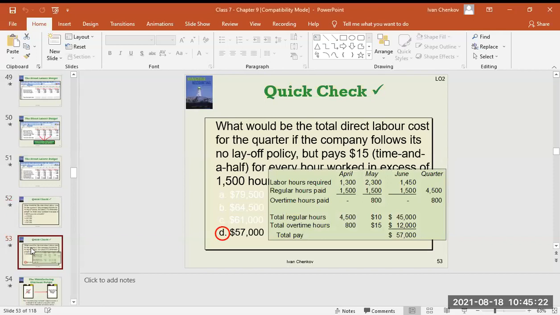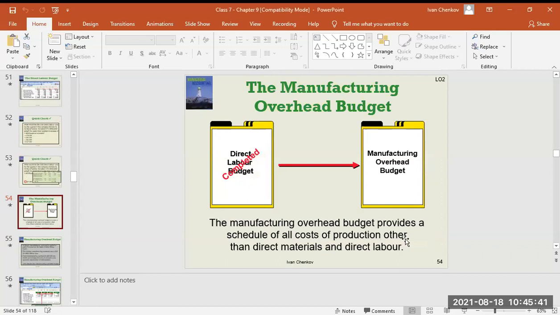Yes, it is. Again, we check which month we have hours over 1,500. On those 1,500 we pay $10, and on the excess amount we pay $15, in total 57,000. So we are done with the labor.